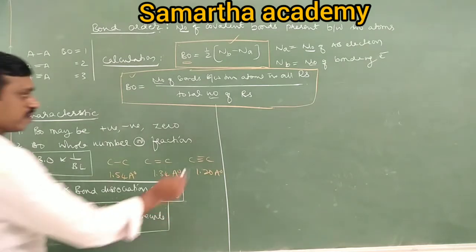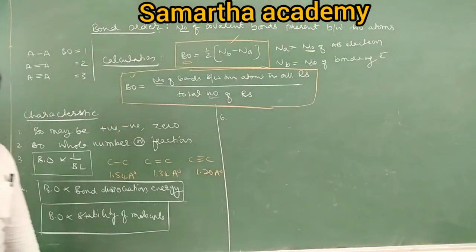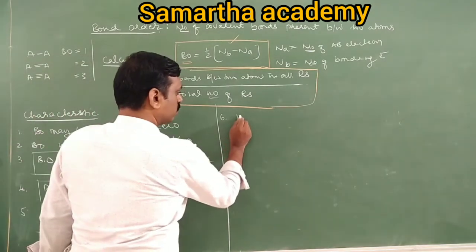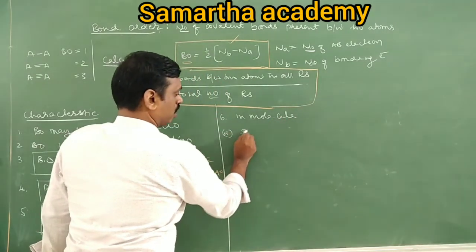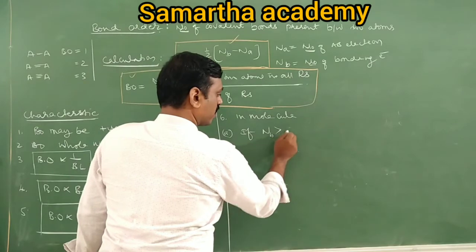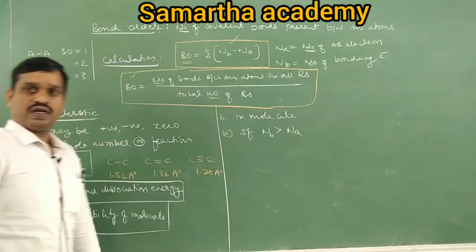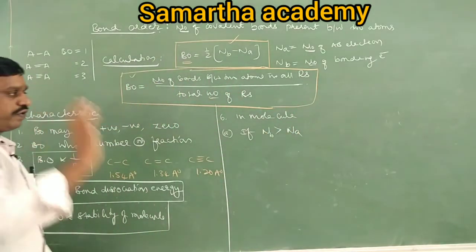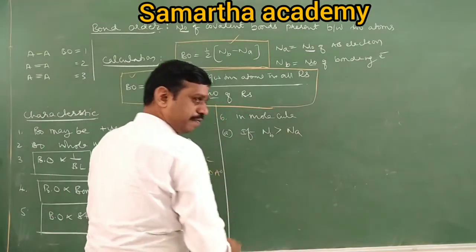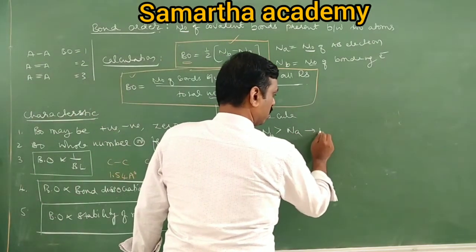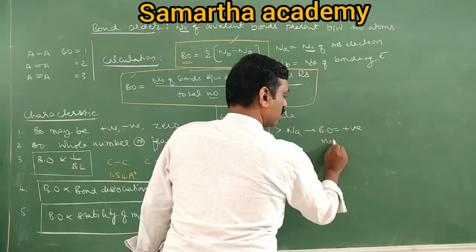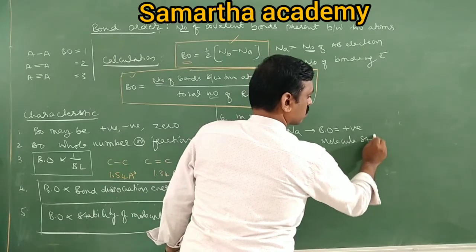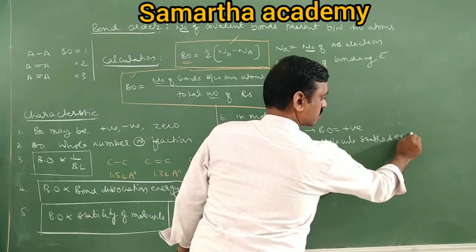Okay, next, sixth characteristic. Sixth one is, in a molecule, if the number of bonding electrons NB is greater than the number of anti-bonding electrons Na, then remember bond order becomes positive, and the molecule is stable and exists.